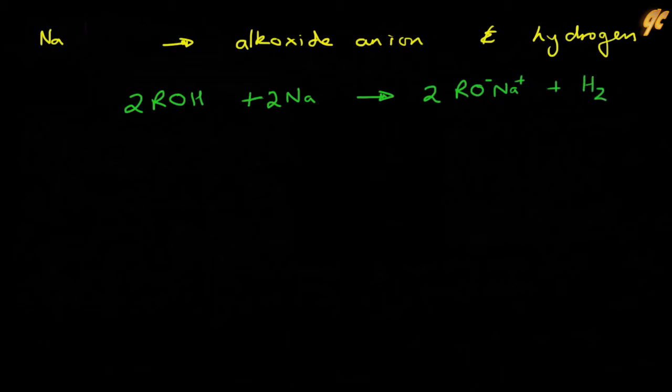Now, because our alkoxide is soluble in water, we can label it as RO negative Na plus, or we can label it as two separate entities and make them aqueous. Let me just show that as a little example just below. So we could end up with this as our products.